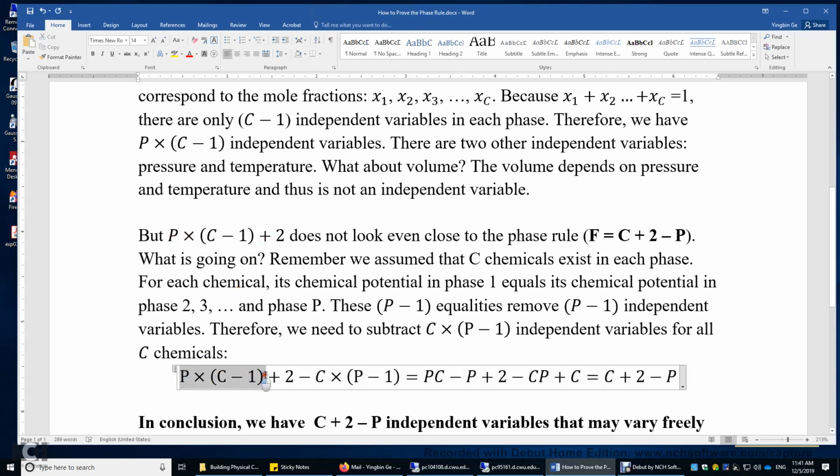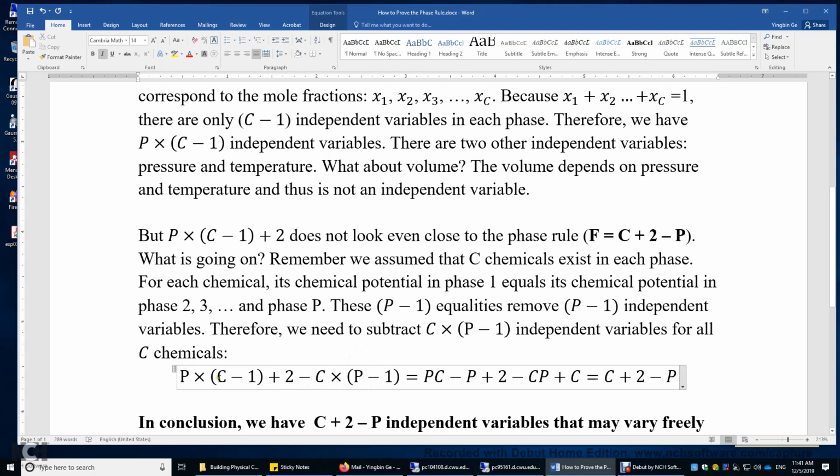So again, we have this expression. This 2 denotes pressure and temperature. And then we need to subtract this C times (P minus 1). These are the number of equations for chemical potentials.